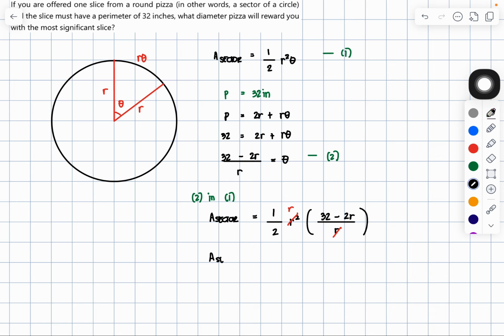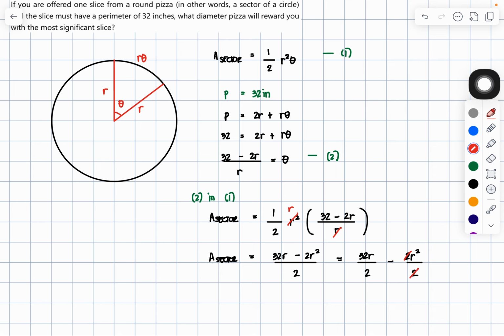So, we have for the area of the sector, 32r minus 2r squared divided by 2. Ano pa napapansin nyo dyan? Pwede natin ihiwalay ito. Pwede siyang i-write as 32r over 2 minus 2r squared over 2.